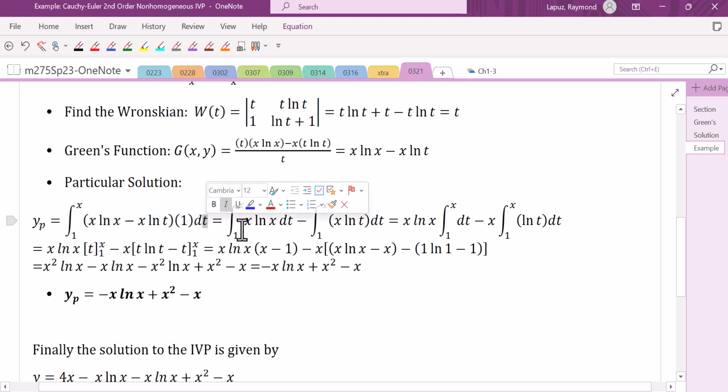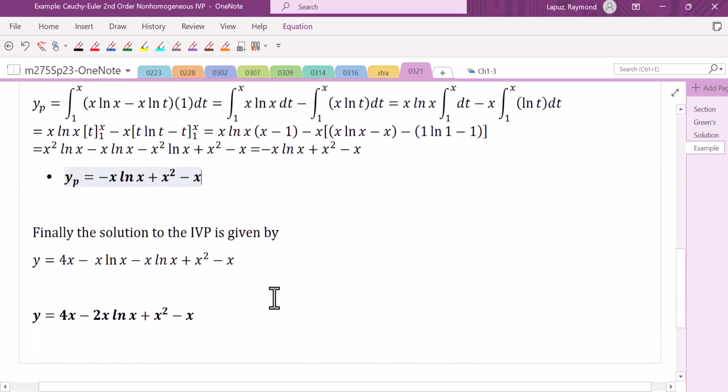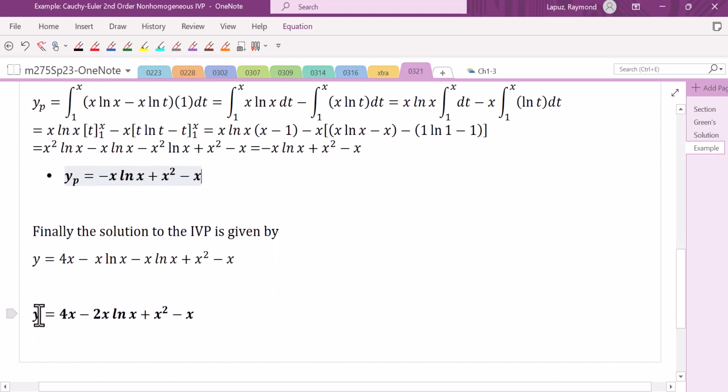Anything that does not have a t is deemed a constant, so we can take that out and just integrate with respect to t. After everything's said and done, there's going to be no more t variables, just the x variable and possibly constants. And then we tie in those y sub h and y sub p together to get our solution, simplify if needed, and that's it.